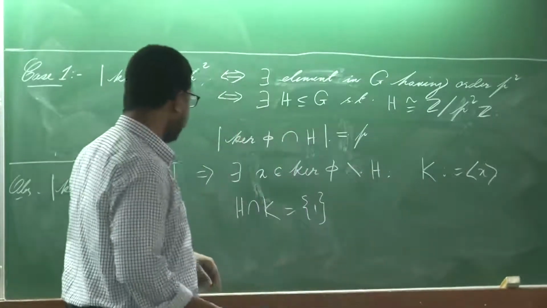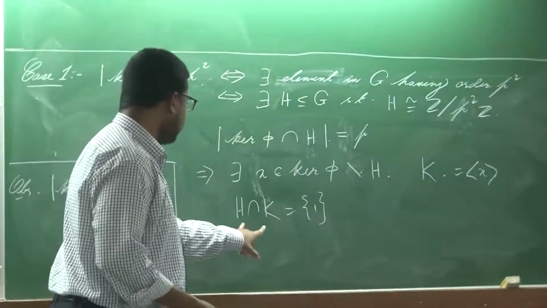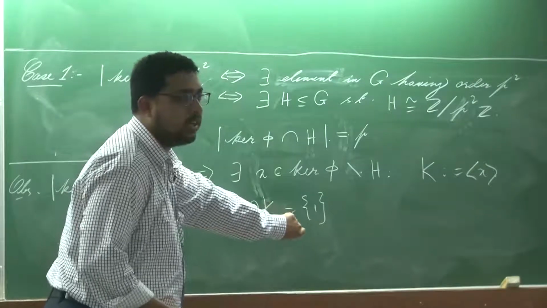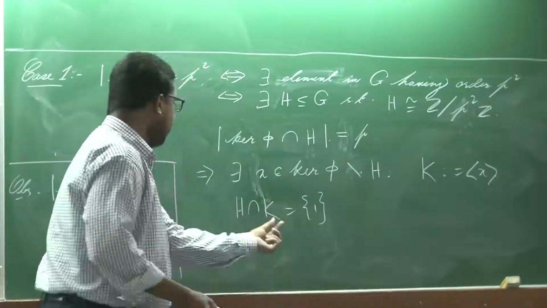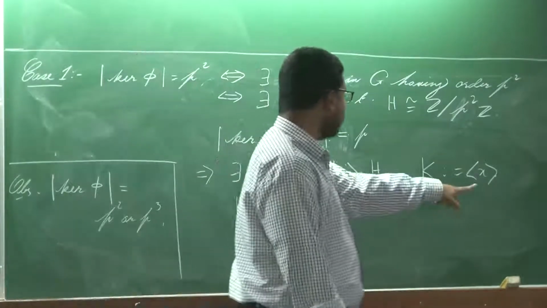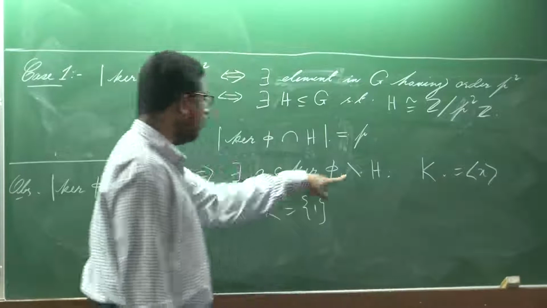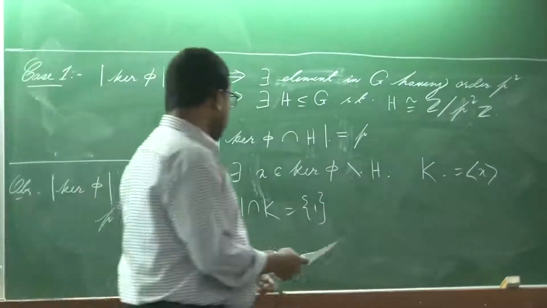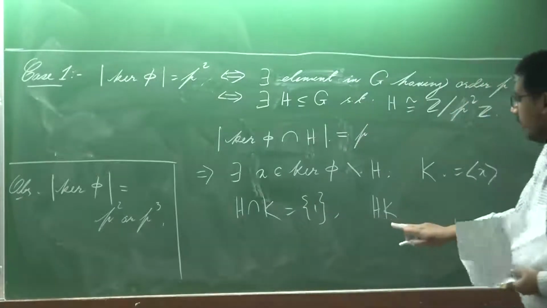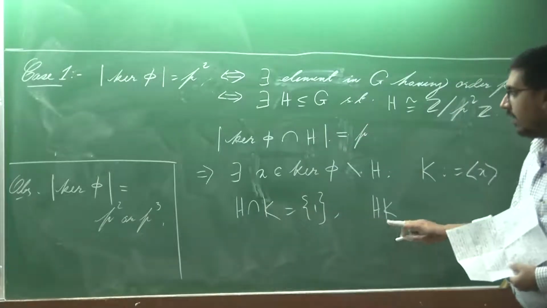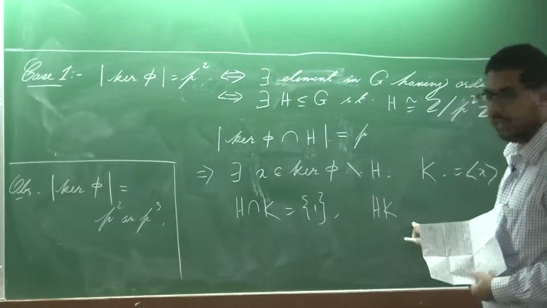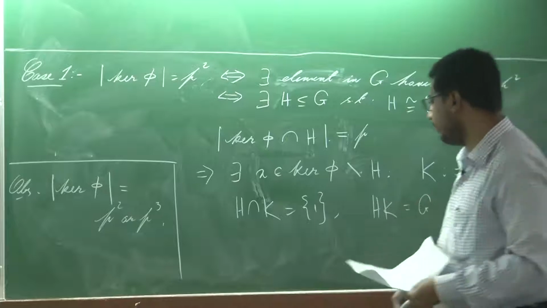If the intersection is not trivial, then the intersection will have order p, and therefore K will be contained inside H. But the generator of K does not lie in H by our assumption. And of course HK, a subgroup strictly containing H, has order p square, the group has order p cube, so this will have order p cube, hence this has to be the whole G.